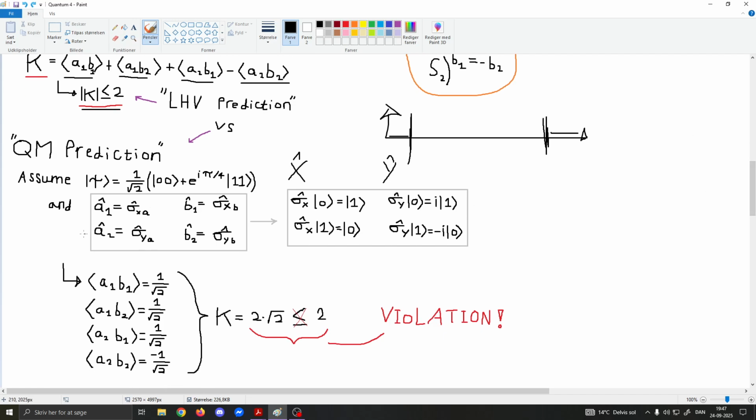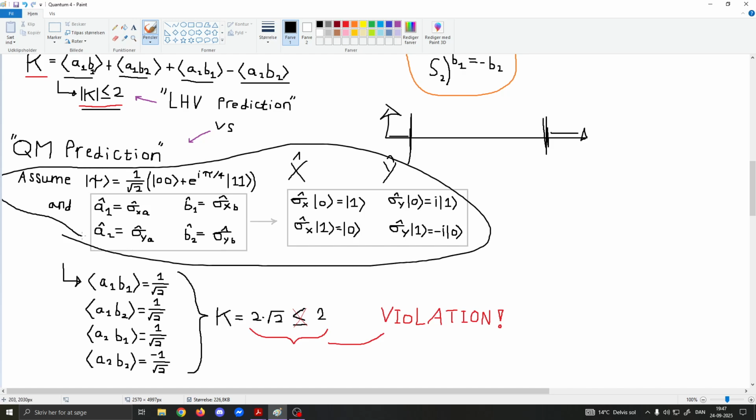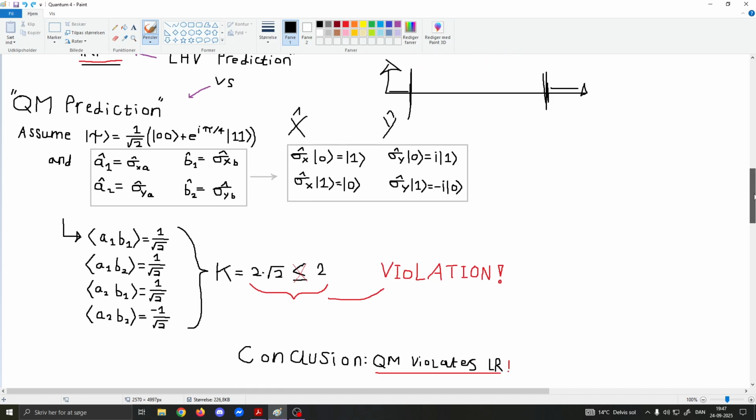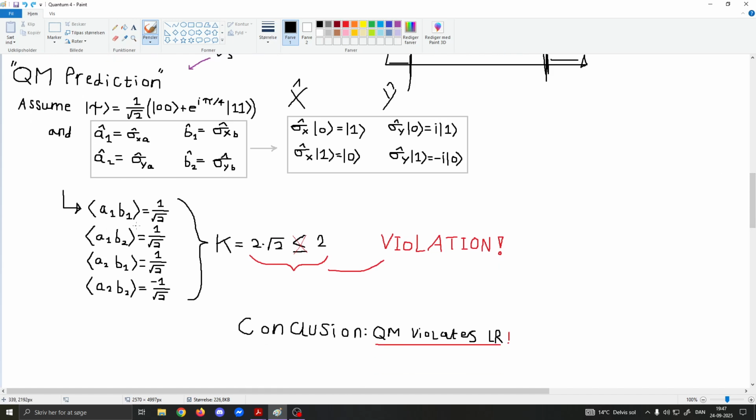Now, if we start out with a scenario that looks like this, a quantum mechanical prediction instead would have your averages come out to be 1 over square root of 2, 1 over square root of 2, 1 over square root of 2, and negative 1 over square root of 2.